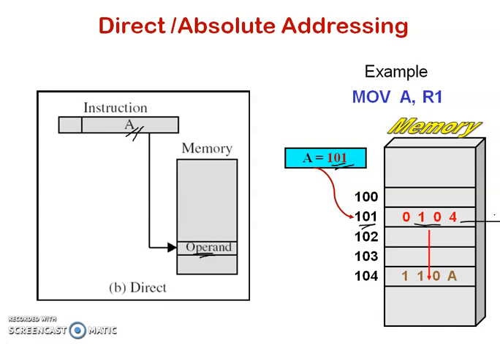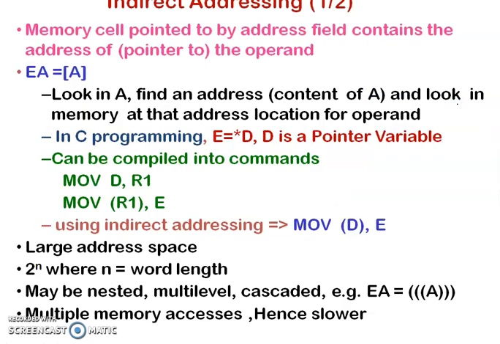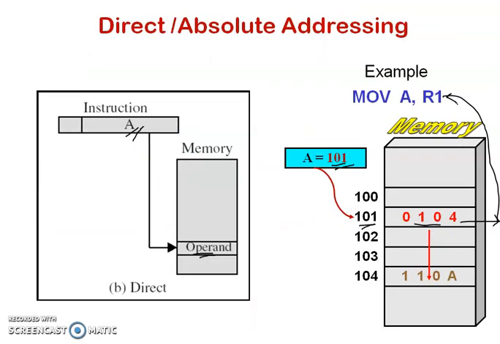So this value will be copied to the register R1. It can be a data value or an address value. This is the case with direct or absolute addressing.